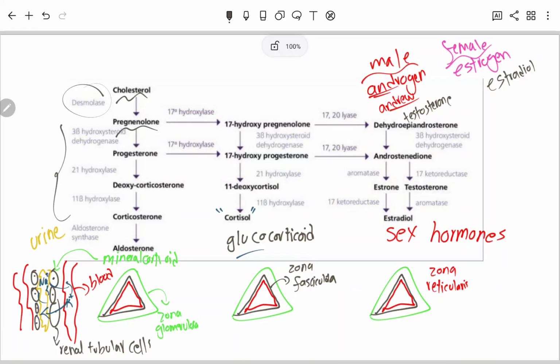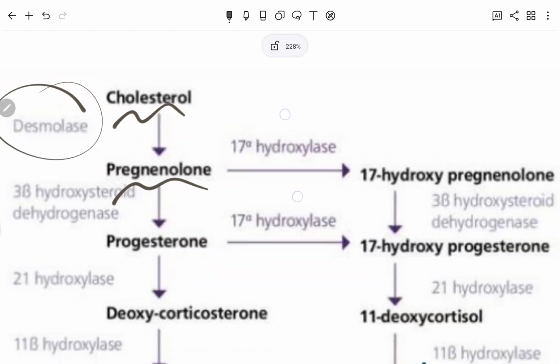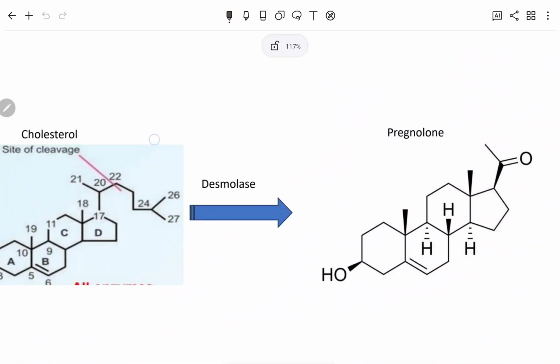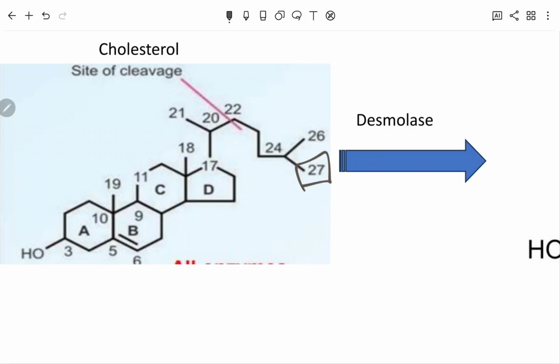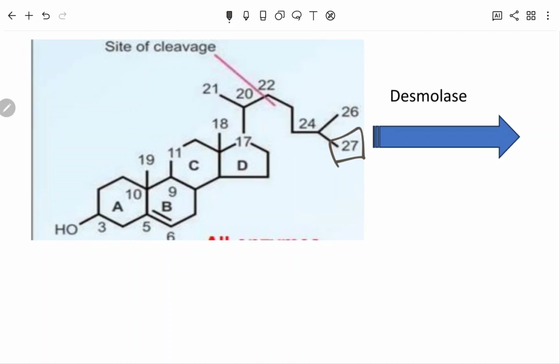Now, let's talk more about the structure of cholesterol and how it gets converted into pregnenolone. Here's cholesterol. It contains around 27 carbons. That's the total number of carbons present in cholesterol. However, what I care about more are the components of cholesterol. Cholesterol consists of two major parts. The first part is called the steroid nucleus.